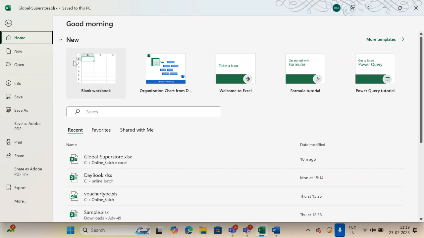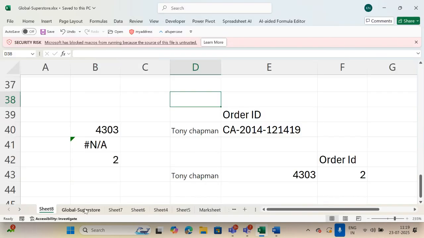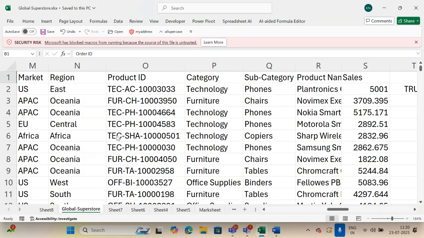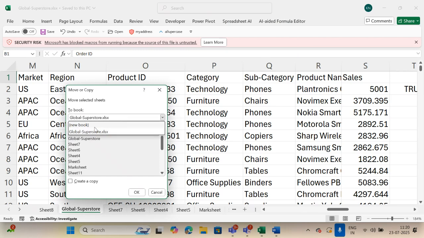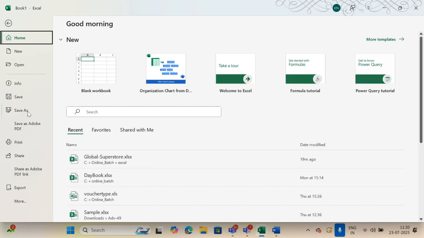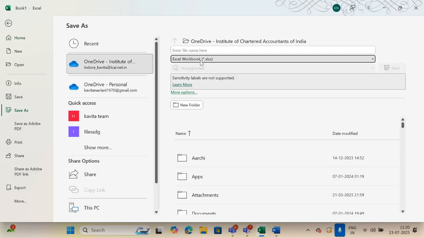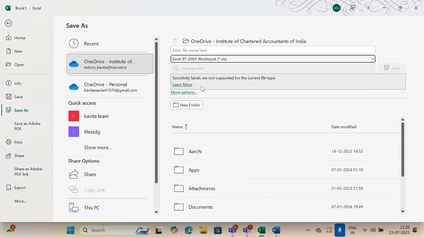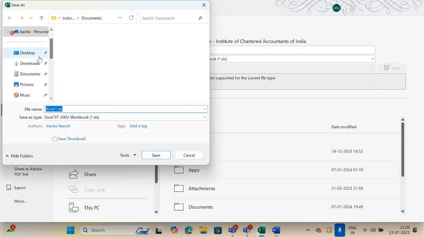I'm going to save, move or copy, new book. Okay, this is my new book, and I'm saving it in an older version. How can I save it in an older version? Save as. Then here you should take the 97 to 2003, and here I should provide my location.